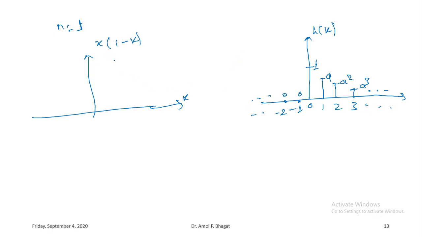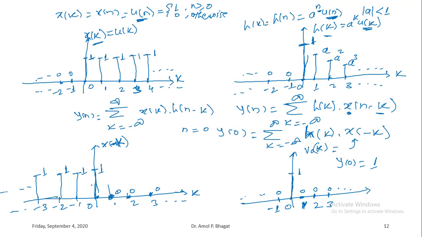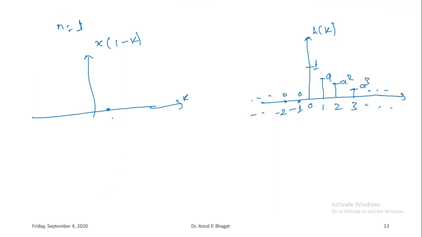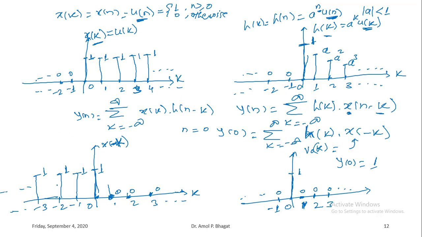Now for x of 1 minus k, I have to shift the folded sequence to the right by one sample. So with 1, 2, 3 and so on, and 0, -1, -2 and so on, when I shift it to the right by one sample, the value present at 0 will be at 1, and the value at -1 will be at 0.